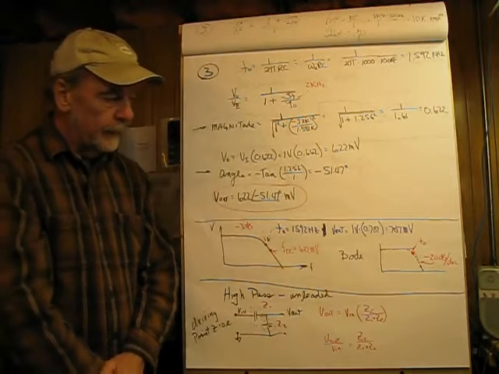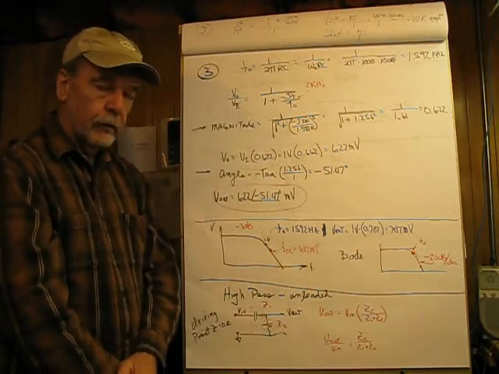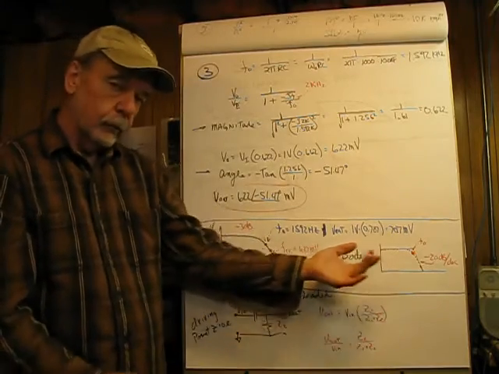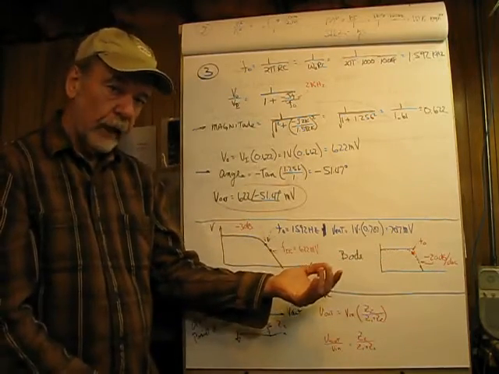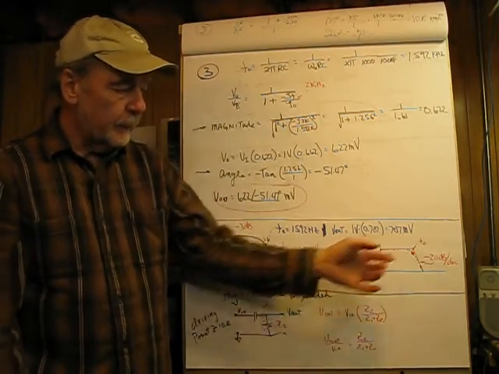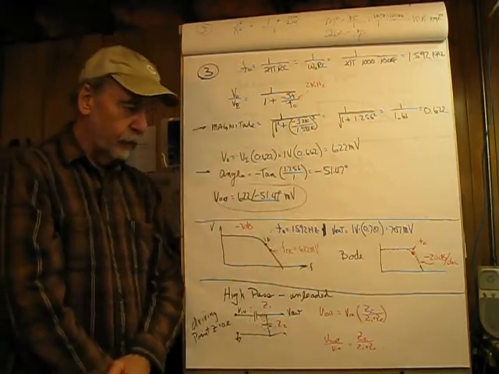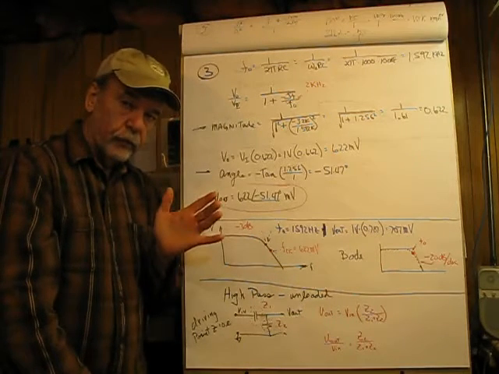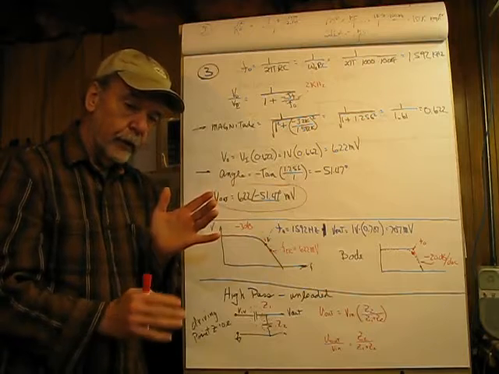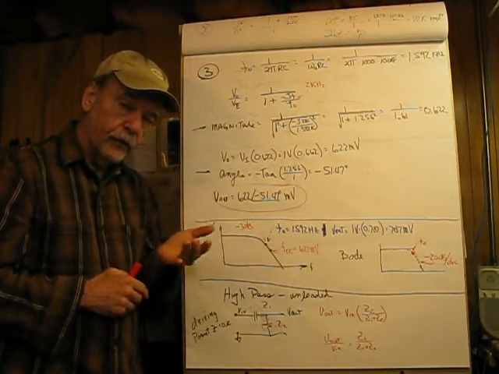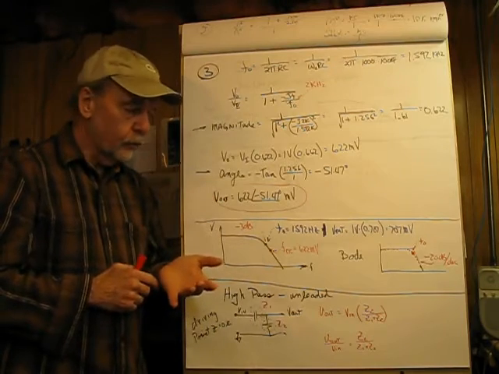So a decade can mean a factor of 10 or a factor of 0.1, depending upon what kind of filter we're using, high pass or low pass. And also, if we had, say, a high pass filter, say for example in an FM transmitter, they emphasize the high frequencies, and then what your radio does, an FM radio, is it de-emphasizes them, and everything comes out to be flat as far as frequency response is concerned.